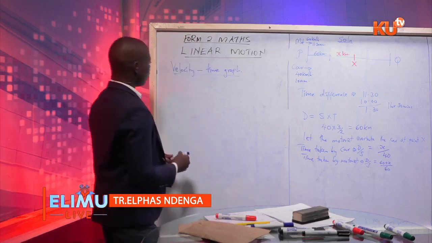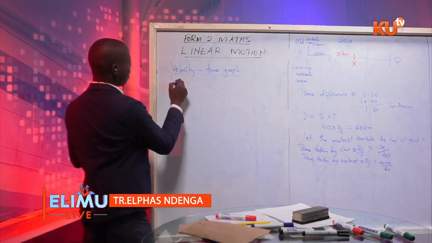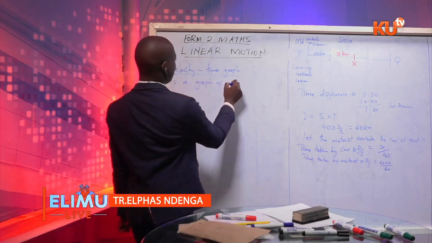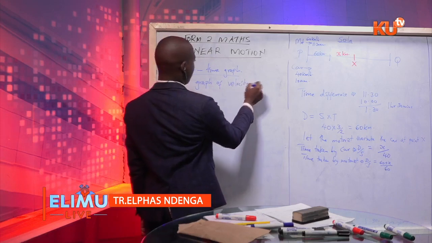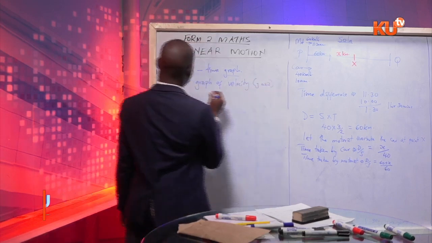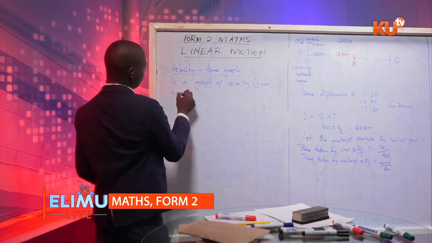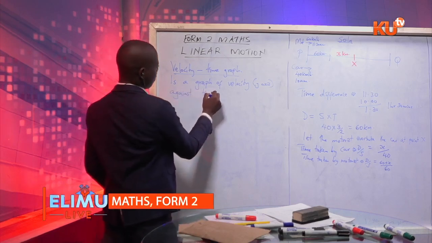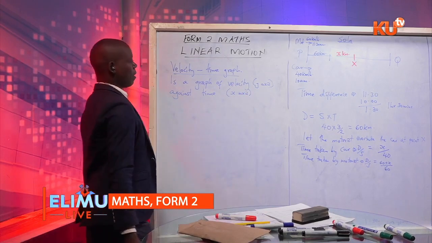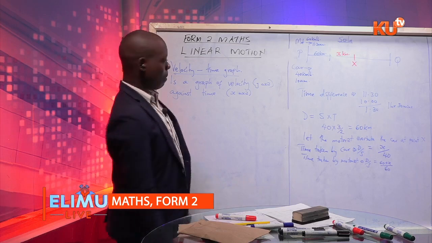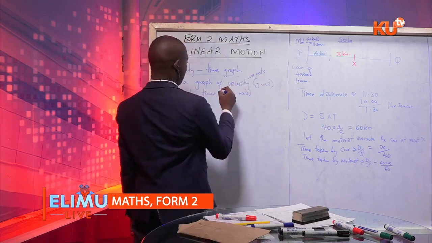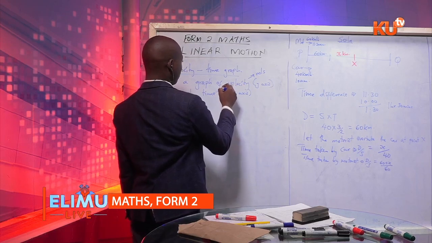So what happens in a velocity time graph? This is simply a graph of velocity on the y-axis against time on the x-axis. The velocity, remember, is in meters per second, and time is in seconds.